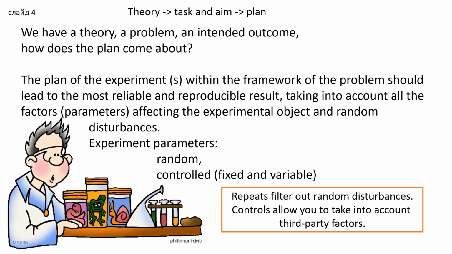Or something like your colleague came into the room and took some of your, I don't know, valuable buffers and did something. And this is random. It cannot be controlled unless you close the door and turn the key. So when you start to plan your experiment, you have to think twice at least. What are the controlled parameters and what are the random parameters and what parameters you can really control.